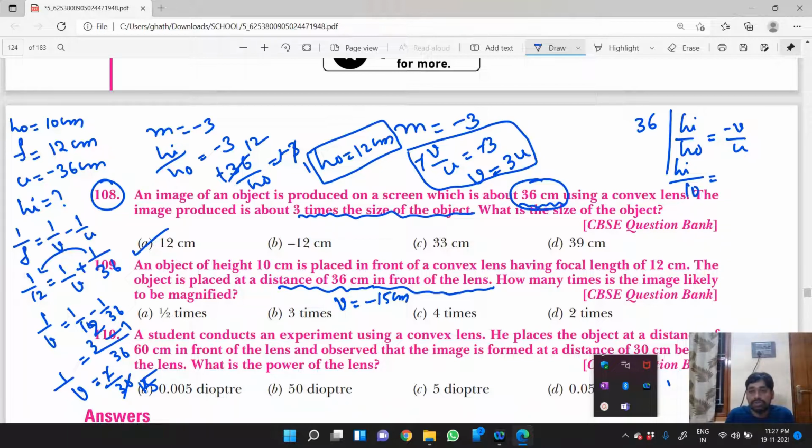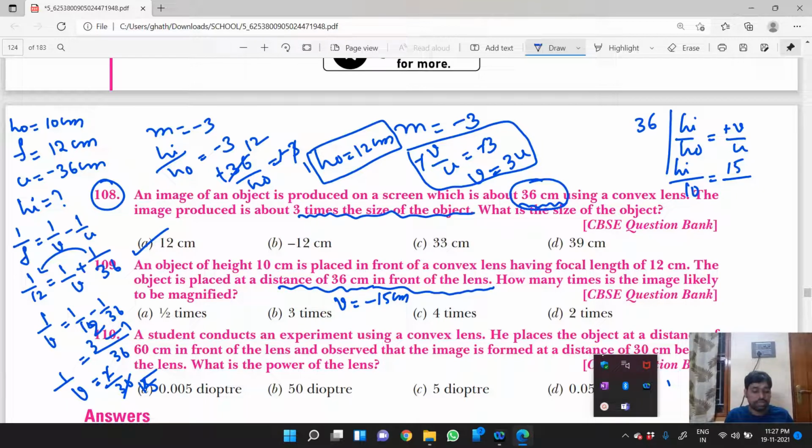Why did we get 15 here? The focal length is 12, and the object is placed at 36 centimeters, which is the object distance.